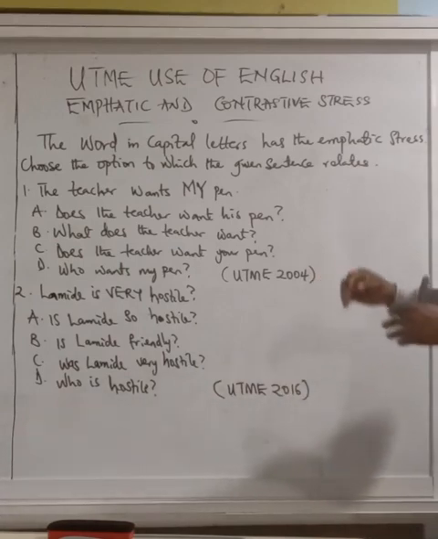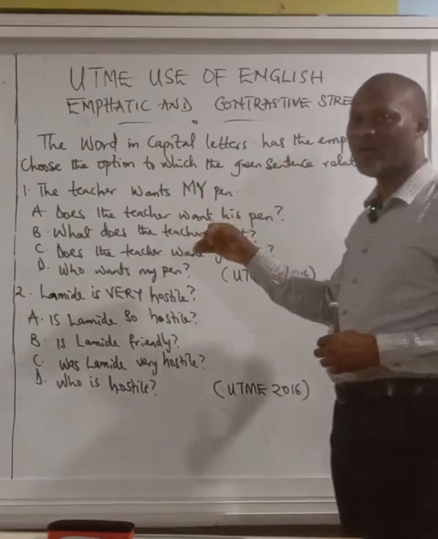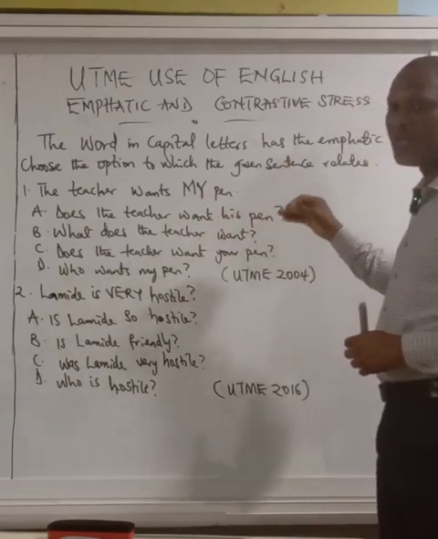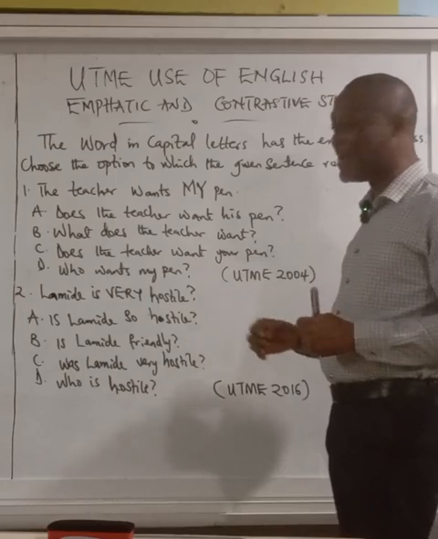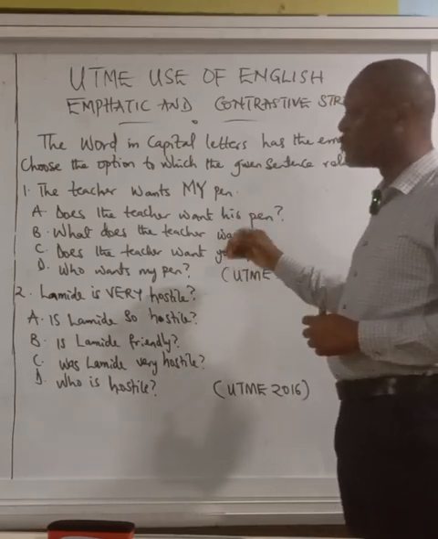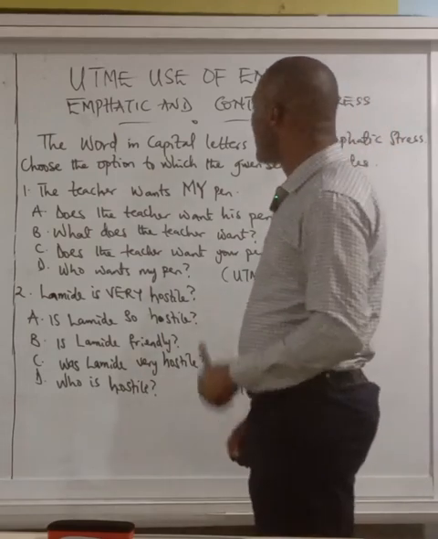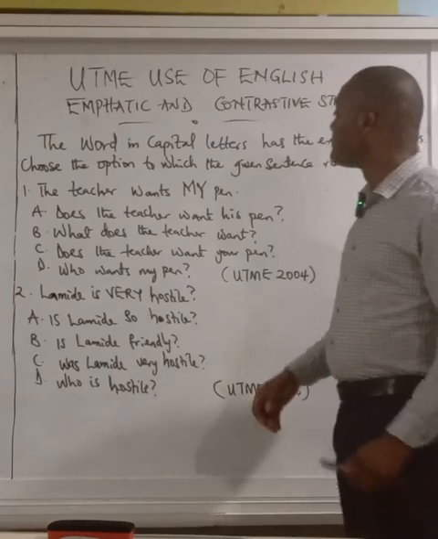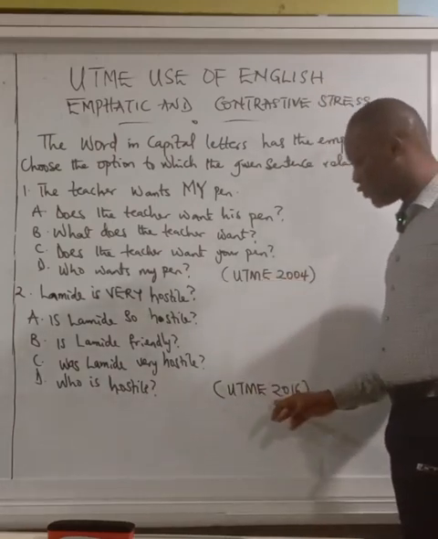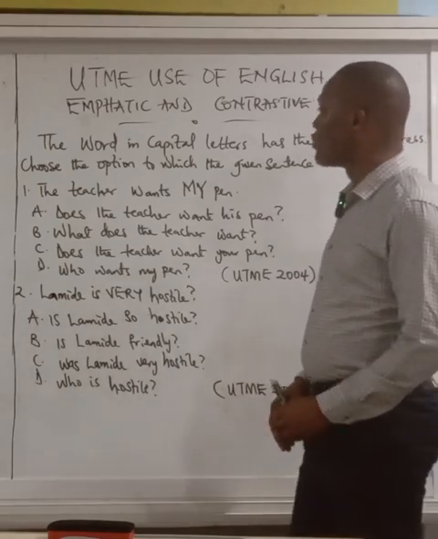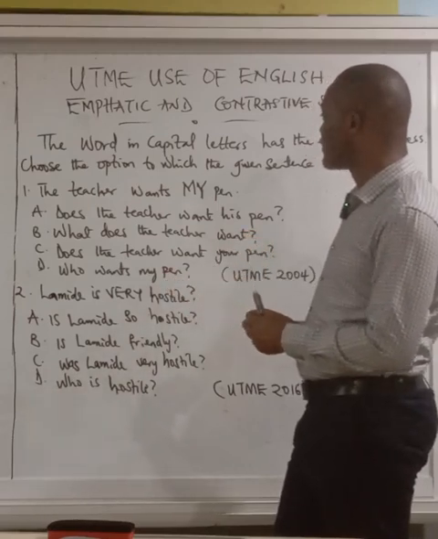And it is a pity that many students usually fail this aspect of English language, and it is quite unfortunate. Like I said, students are not meant to fail this aspect because it is one of the simplest aspects in English language. Now, you can see a 2004 UTME question and a 2016 UTME question. So these are the two questions that we're going to be looking at today.